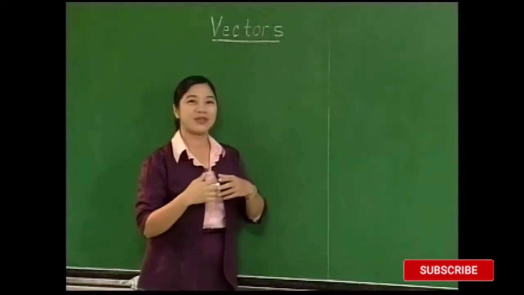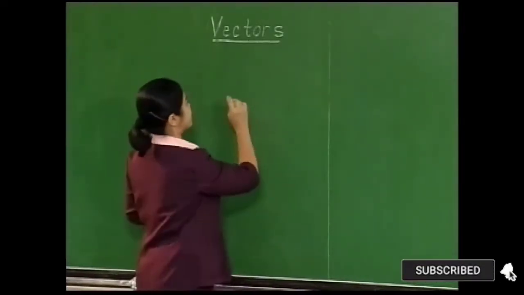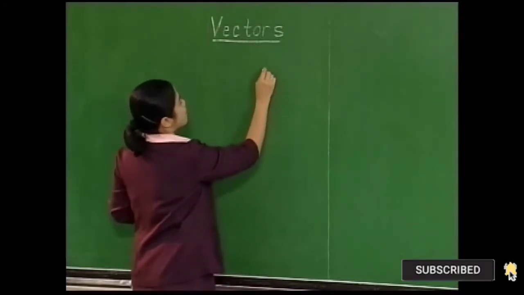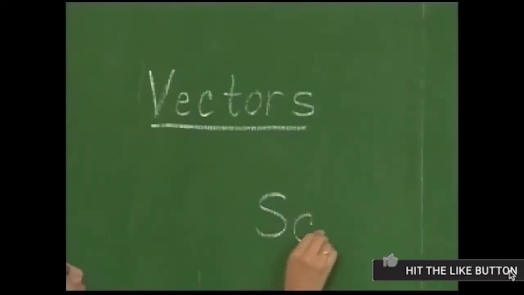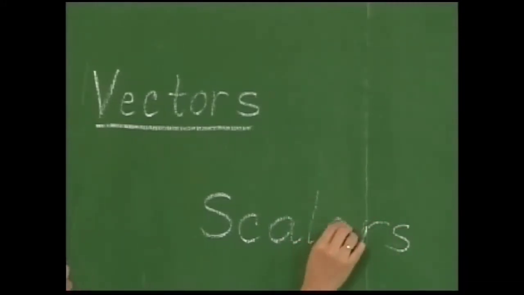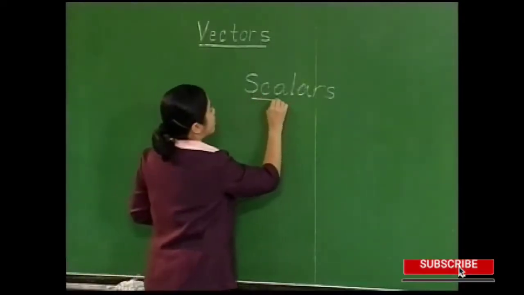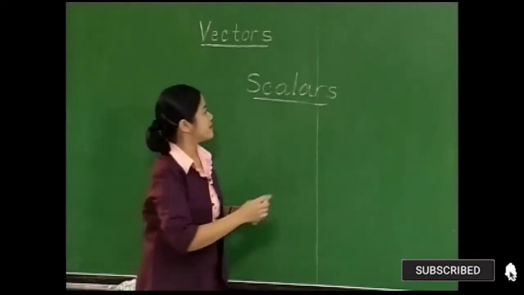Now, before we talk about vectors, I would like you to remember what you have learned in your Science 1, first year high school, where you talked about what we call scalars. What are scalars?